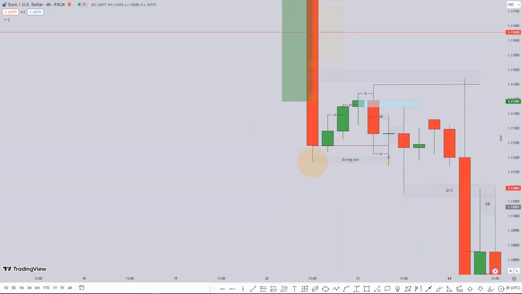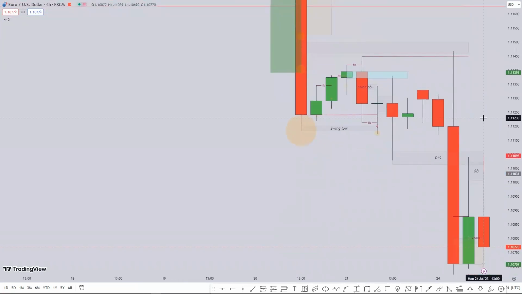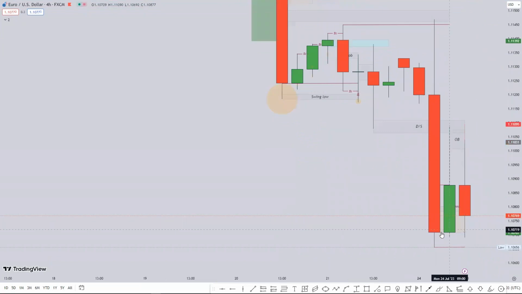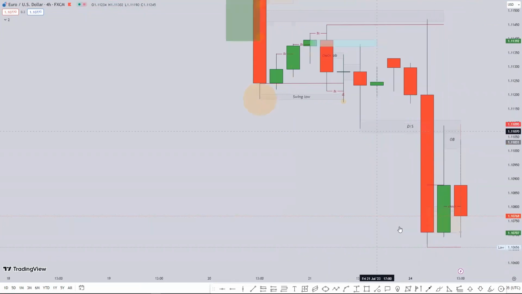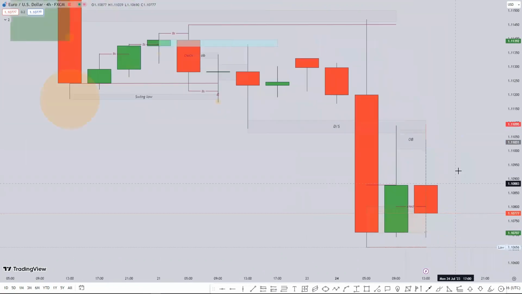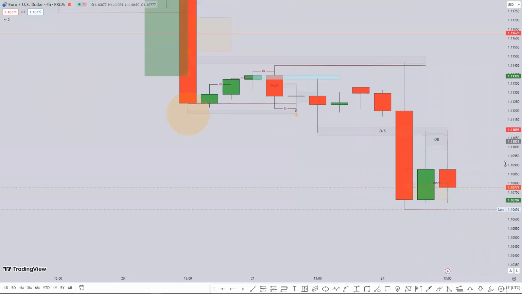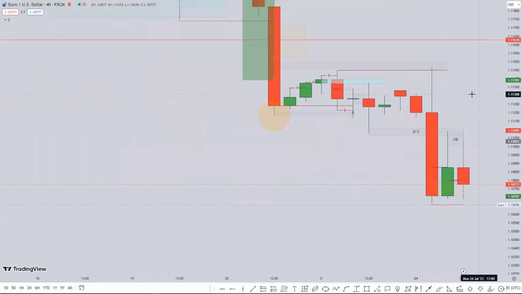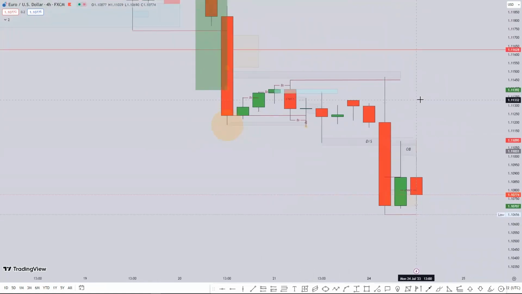So there was a strong move downwards towards this side, breaking this. So we had what? A break here. So this was another entry for me that I took from this side to this side.